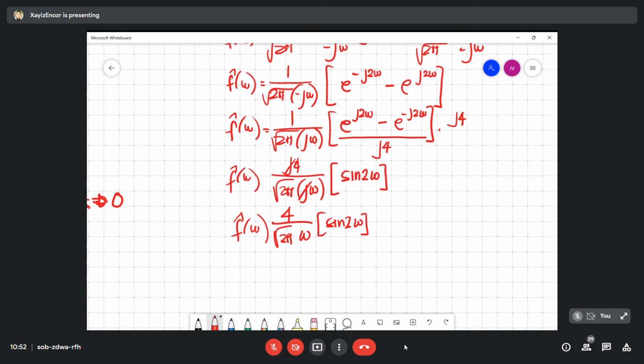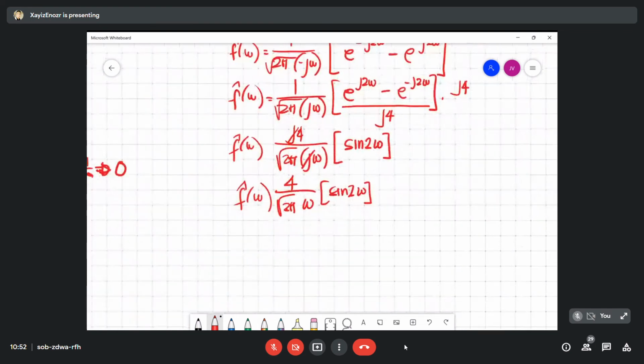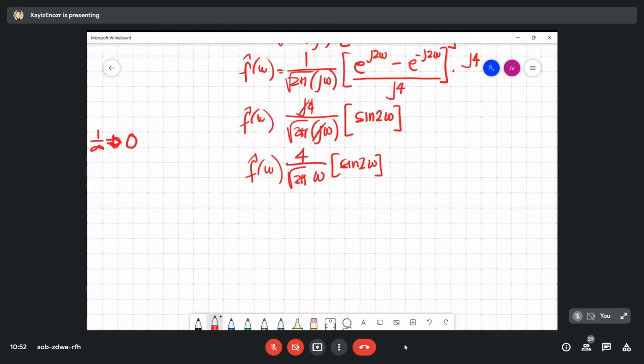Then, so let's try rationalizing yung ating denominator.